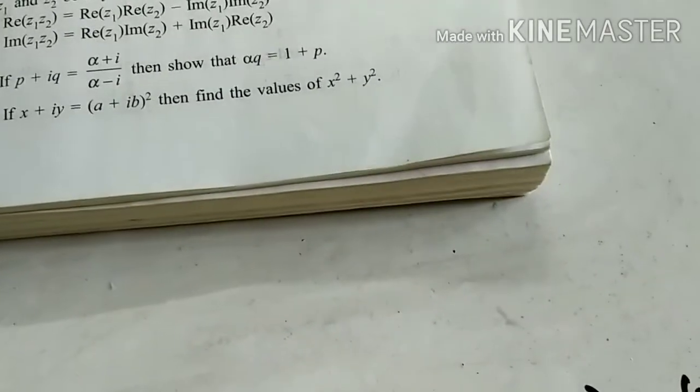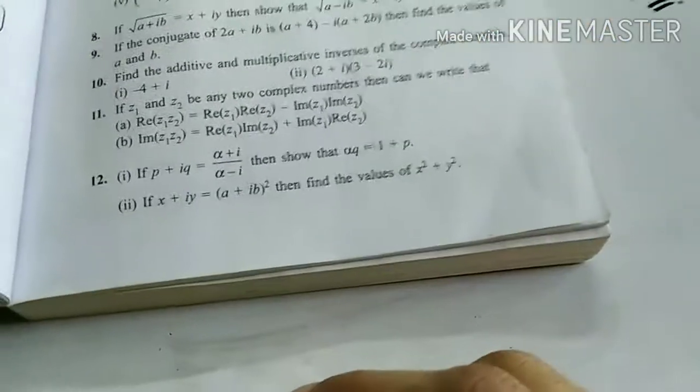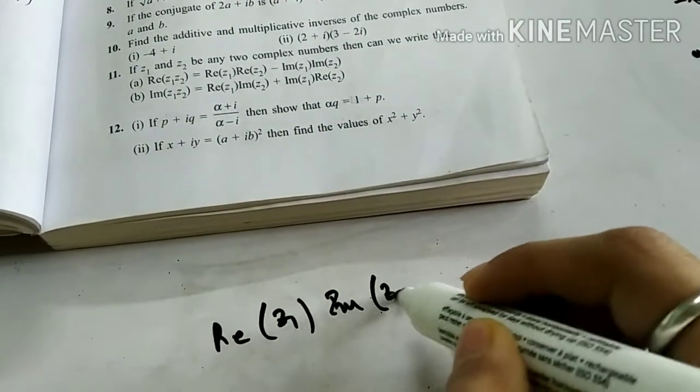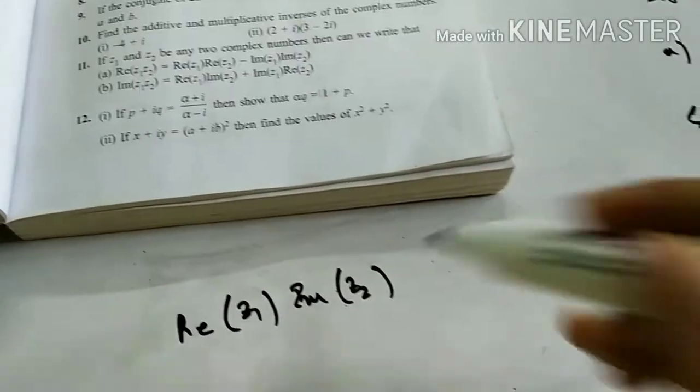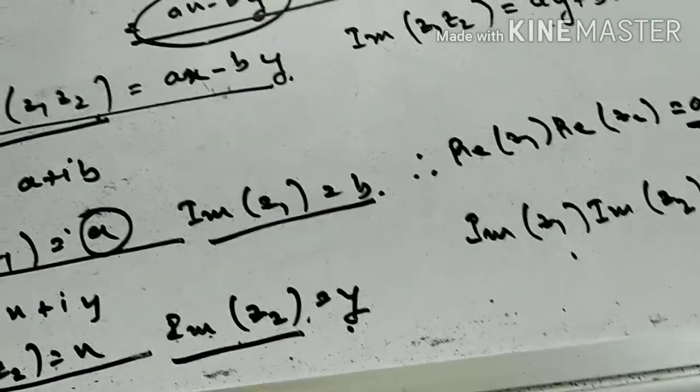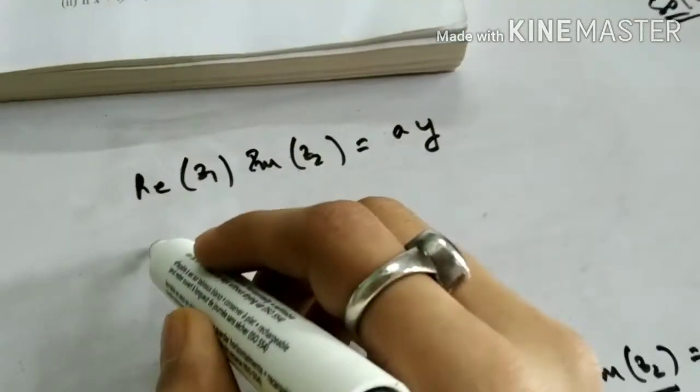Next one, you see, Re Z1 and Im Z2. Re Z1 is A and Im Z2 is Y, so AY.